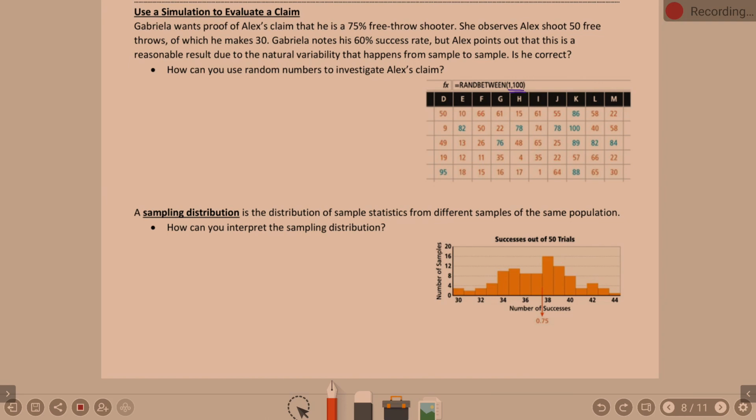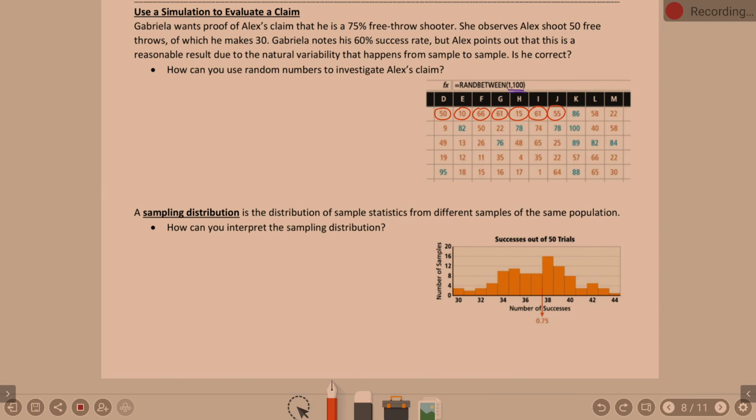Now, if he's a 75% shooter, he's making it 75% of the time, then these orange numbers that are below 75 are the times he is making it. You can assign it however you want, but in this scenario, because of the color difference, if he gets any number between 1 and 75, that represents the 75% of the time he is making it.